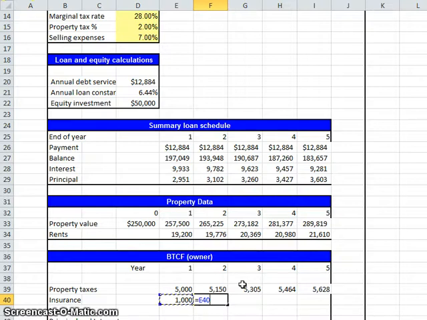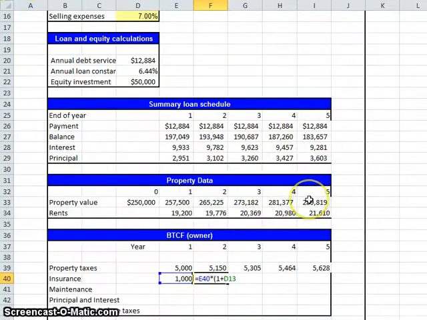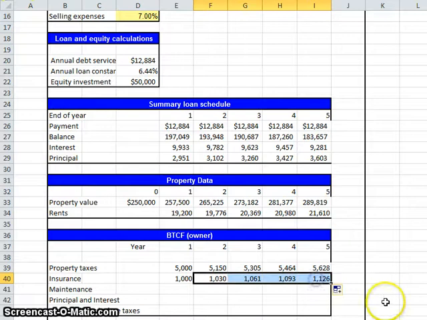So we'll take that number and multiply it by our growth rate, 1 plus our expense growth rate, and that's going to be a constant. Enter. I'm going to drag that across. 1126.